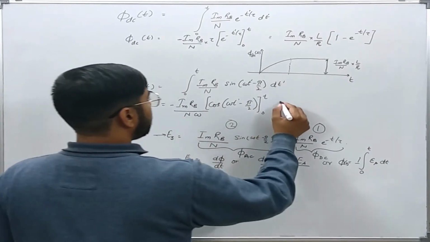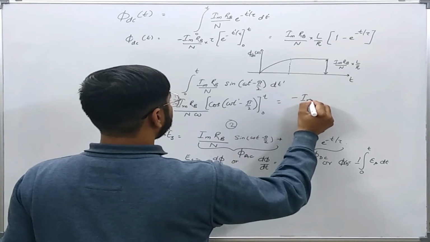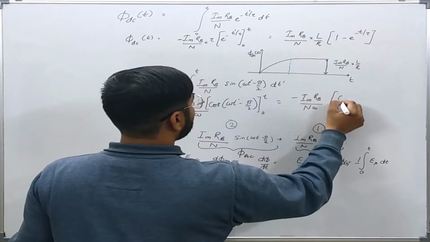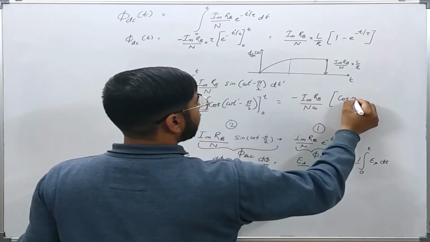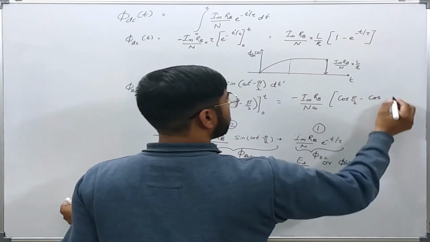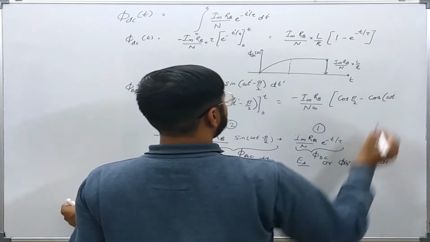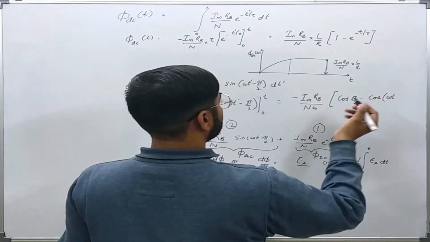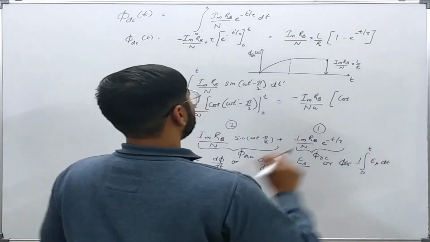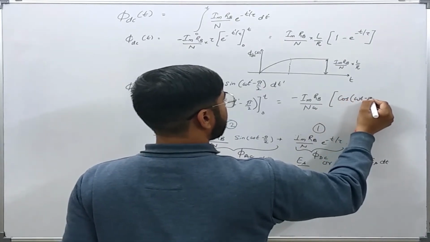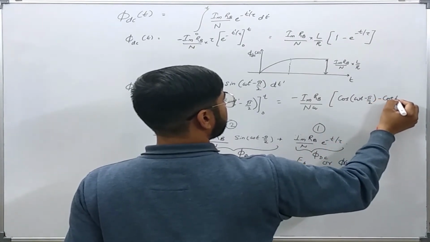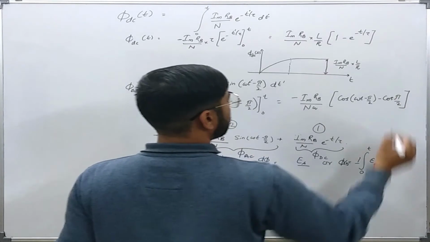So it is equal to minus Im RB over N omega, cos(pi by 2) minus cos(omega t minus pi by 2), or sorry, cos(omega t minus pi by 2) minus cos(pi by 2).